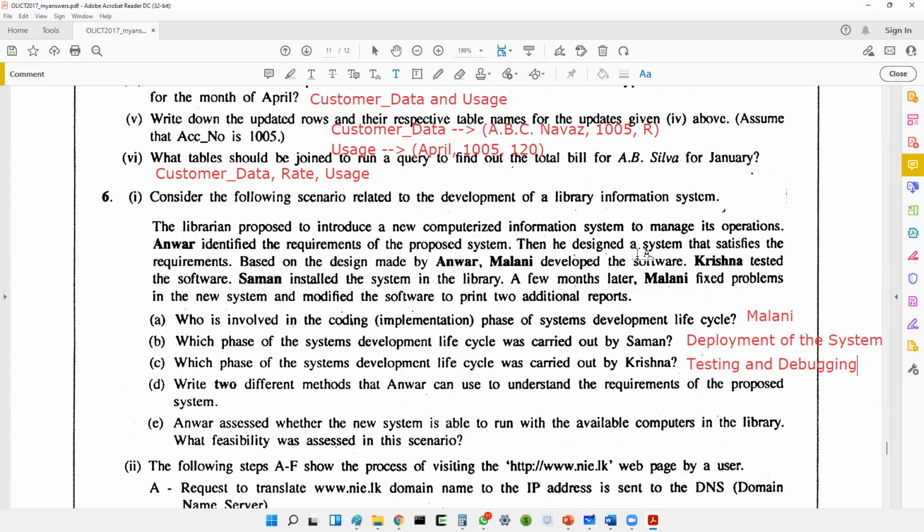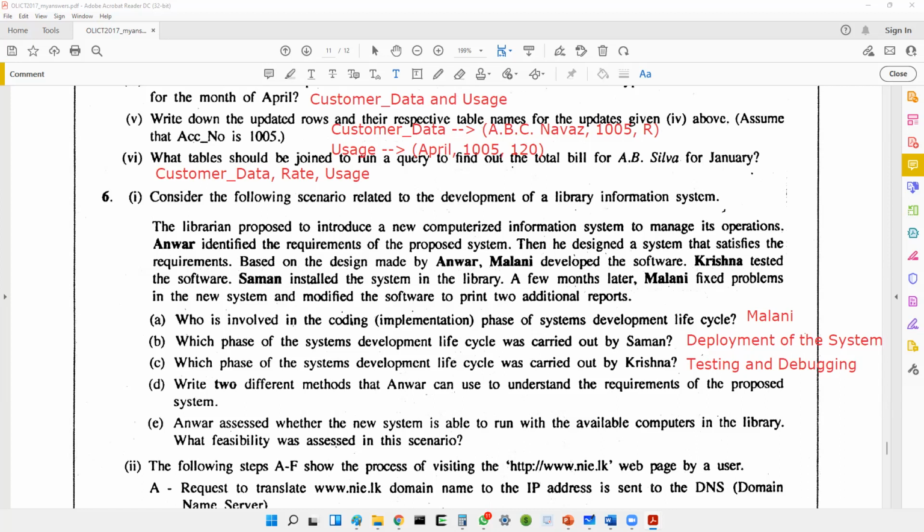D. Write two different methods that Anwar can use to understand the requirements of the proposed system. What are the methods that we could use? Yes, Amasha? We can have observation, yes.